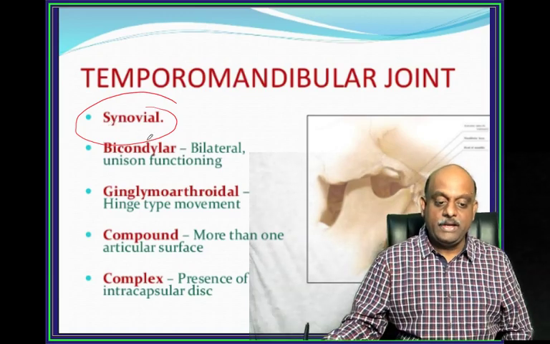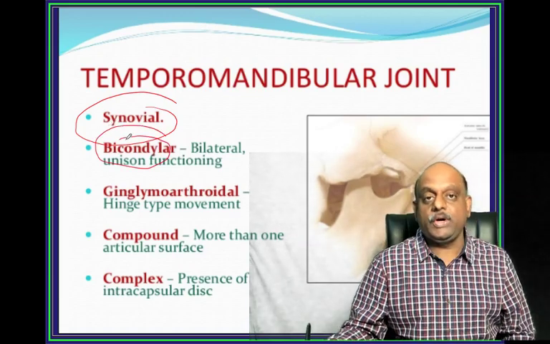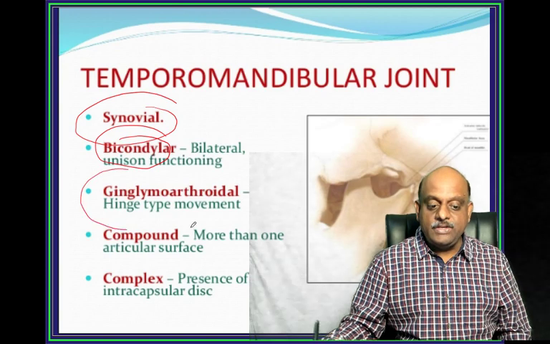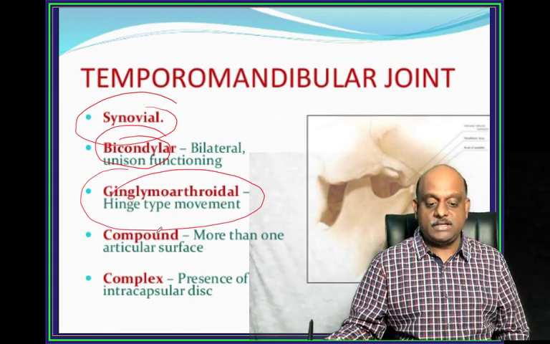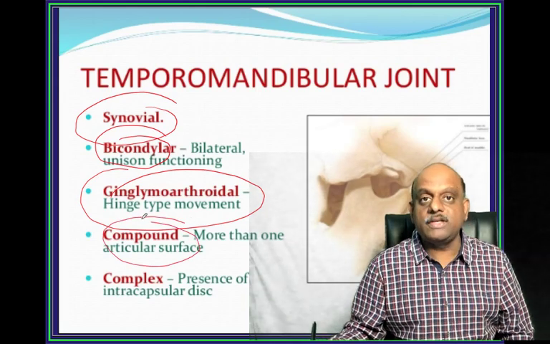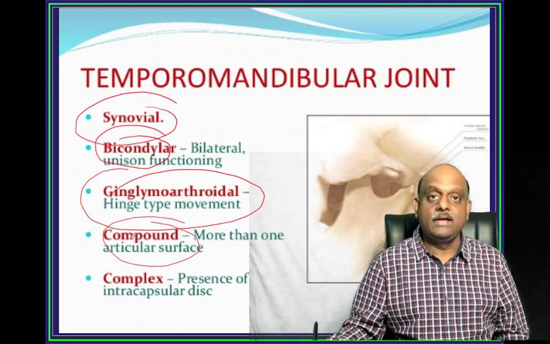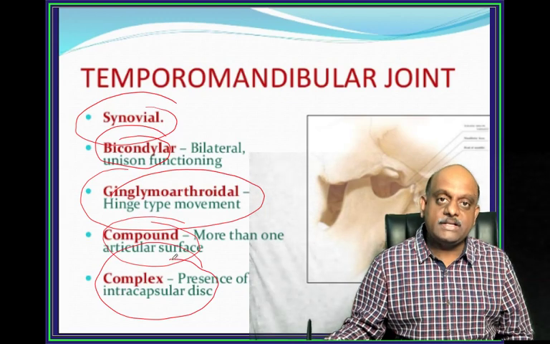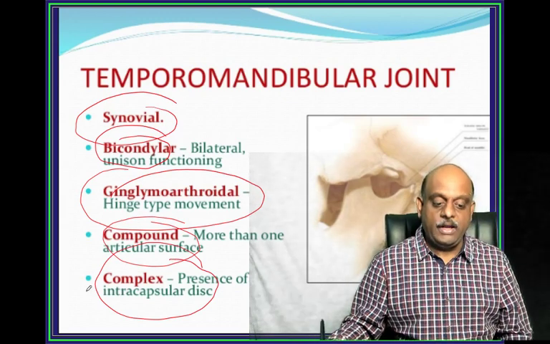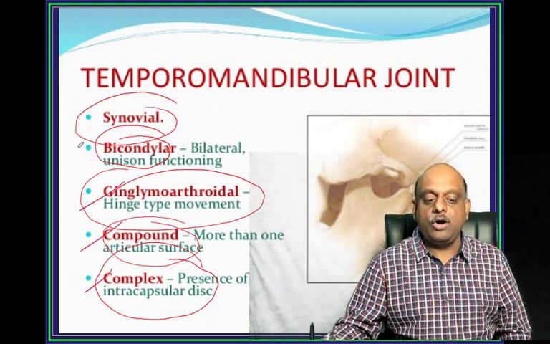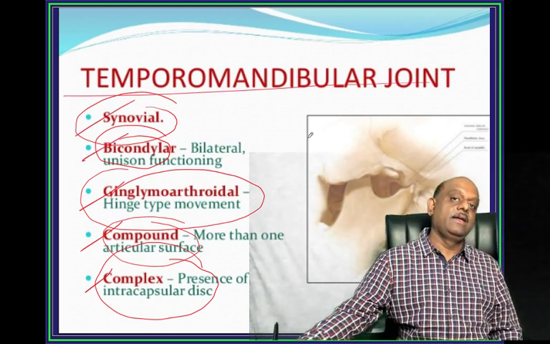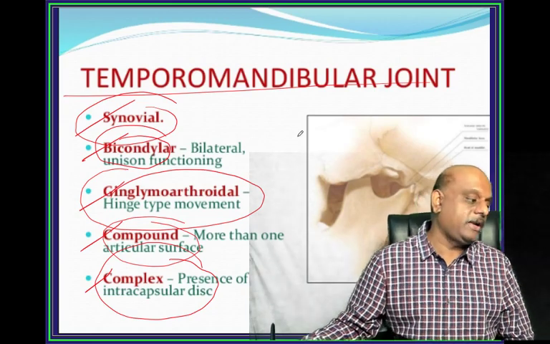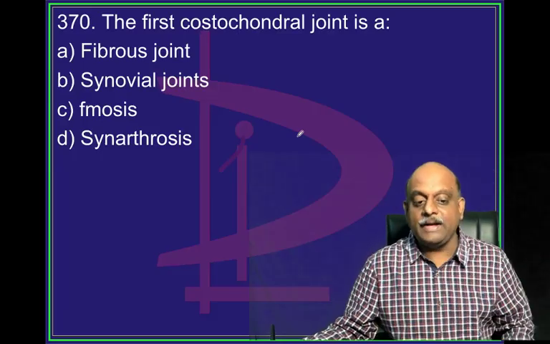It is a bicondylar joint and a hinge type, a ginglimo-arthrodial joint, and with more than one articular surface it is called a compound joint, and because of the intracapsular disc, a complex joint. A complex compound ginglimo-arthrodial bicondylar synovial joint is the temporomandibular joint, which you have to emphatically remember.